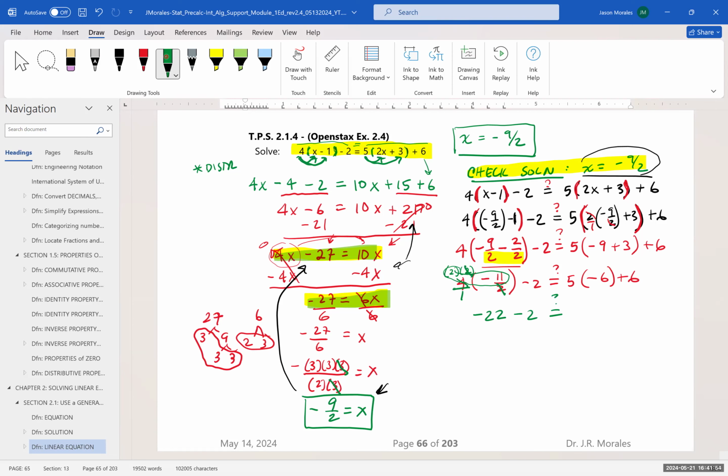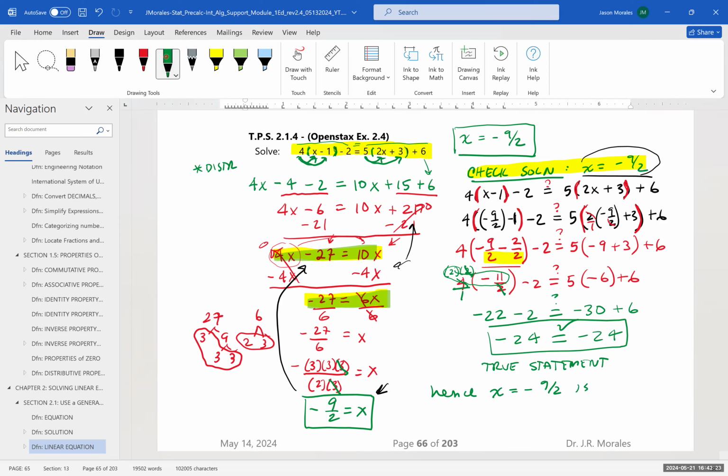And 5 times -6 is -30 plus 6. -22 minus 2 is -24. And -30 plus 6 is -24. So that is a true statement. Hence, x equals -9/2 is correct.